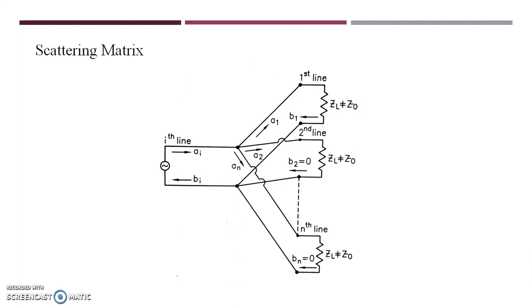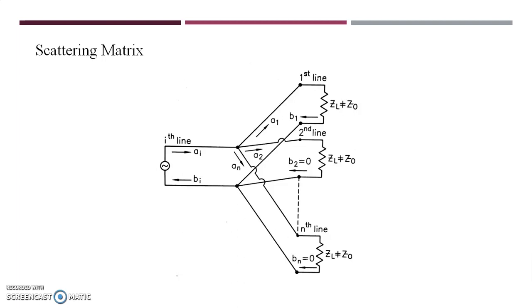If you see, AI is the incident wave from the source, and BI is the total reflected wave, which is the combination of the first to the nth line. When it comes to the junction, this incident power is split into A1, A2, up to AN.